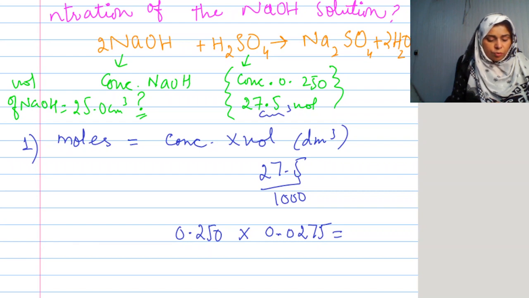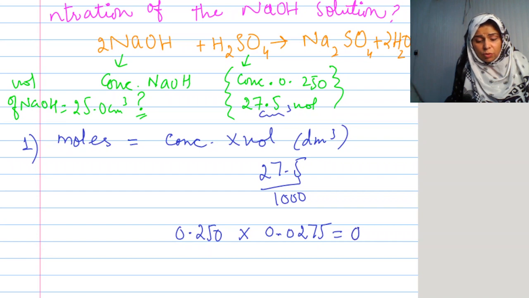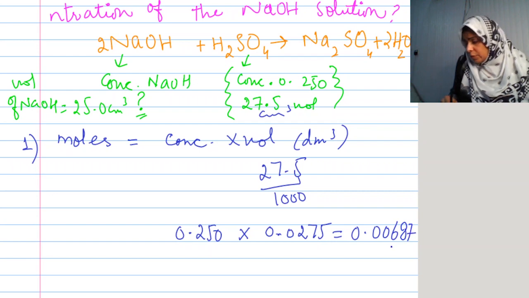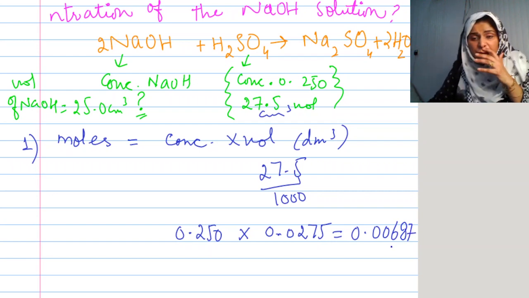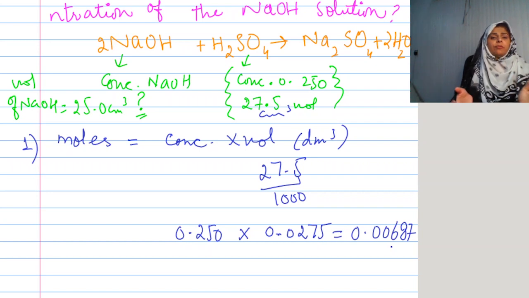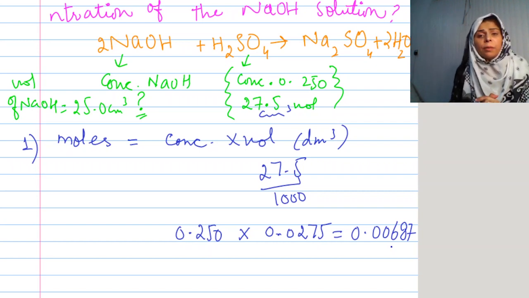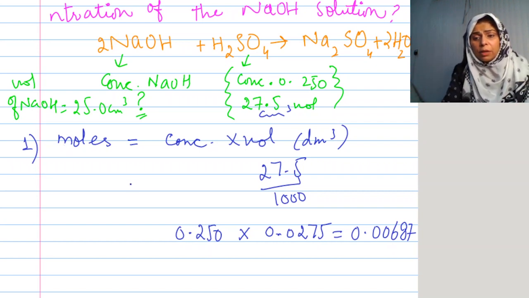So the answer is 0.006875. All right, so this is the way through which we have to do. First of all, we have got the moles of H2SO4. Clear? We have got the moles of H2SO4.